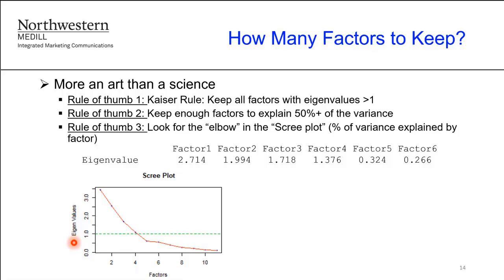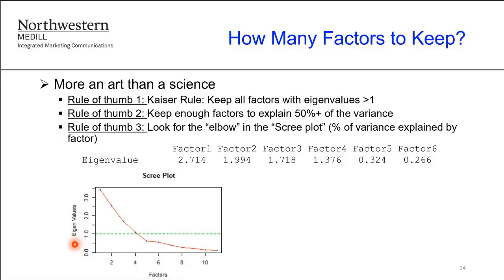When you create this scree plot, we can see the number of factors here and the eigenvalue here. If you look at this plot, we want to keep the factors with eigenvalues over 1.